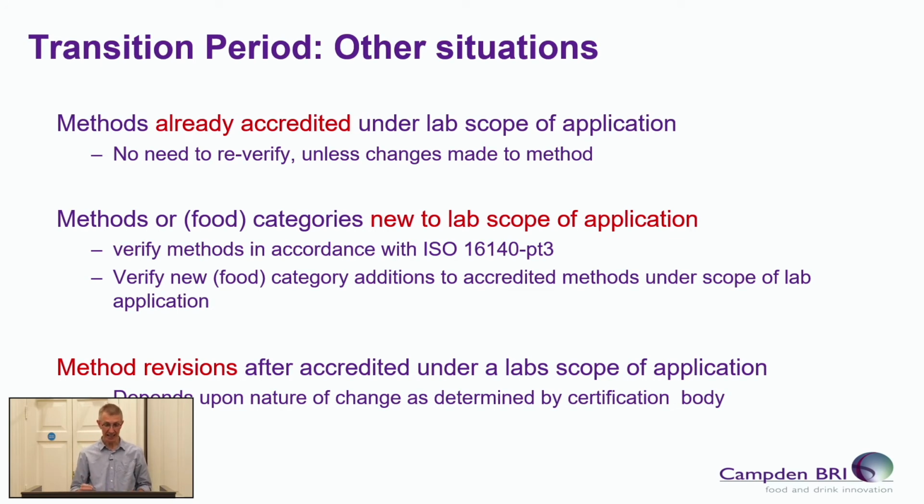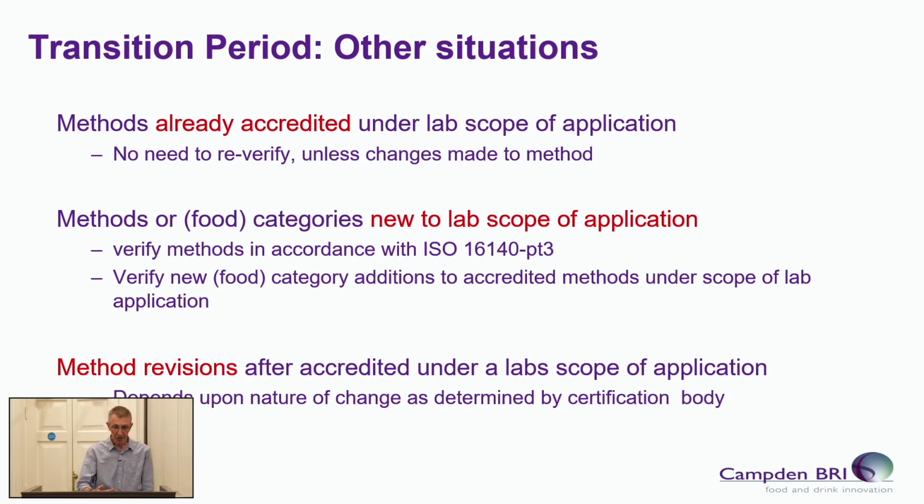And what it's basically saying is, currently, if you have methods that you have already got accredited and they're in your scope of accreditation, you don't need to re-verify those methods using the 16140 Part 3 approach unless you make changes to the method. So if you've already got those methods included in your scope, you've already verified them using whatever method you've used beforehand, it's been accepted by your validation body, then that's fine. You don't need to verify those using the 16140 Part 3 method, unless you make a change.